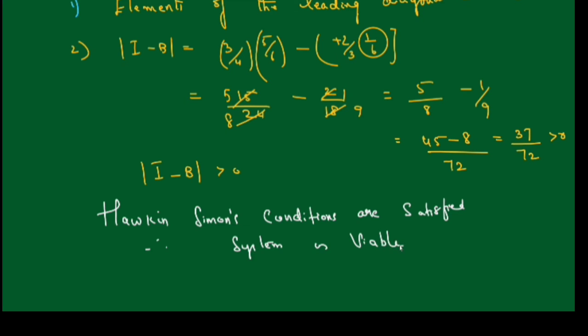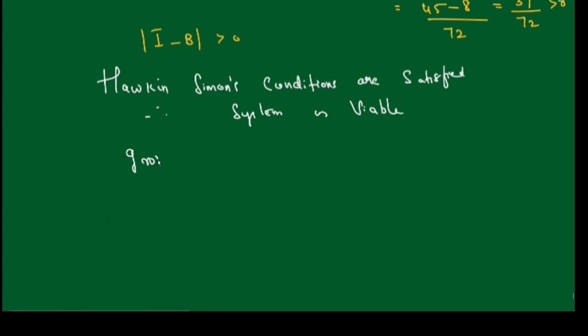Now we have to find the gross product. The gross output, the gross production, what is the formula? X is equal to I minus B inverse into the final demand.